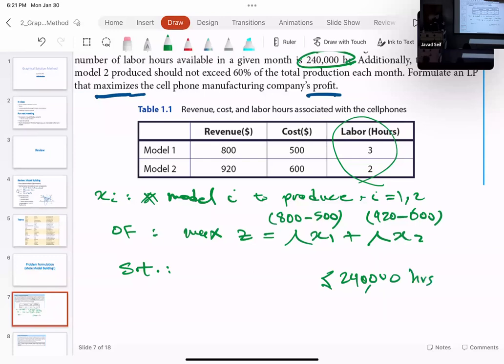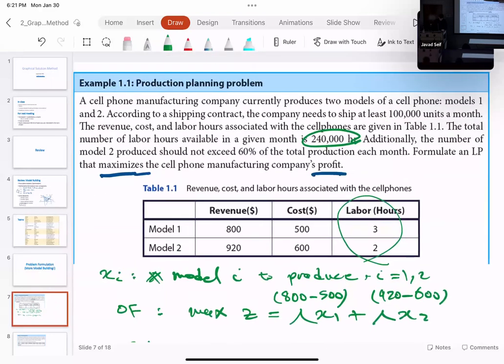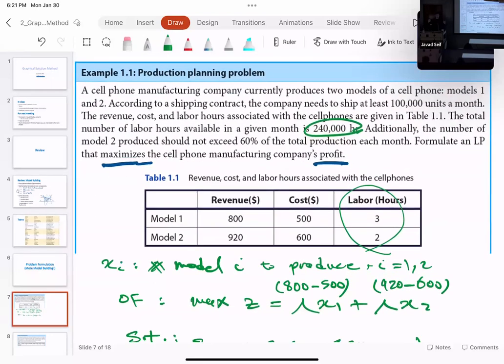How do I write the amount of hours that I'll consume based on X1 and X2? 3X1 plus 2X2, right? Are there any other resources or conditions or limitations that I have? It says model 2 to produce should not exceed 60% of total production. What is total production?